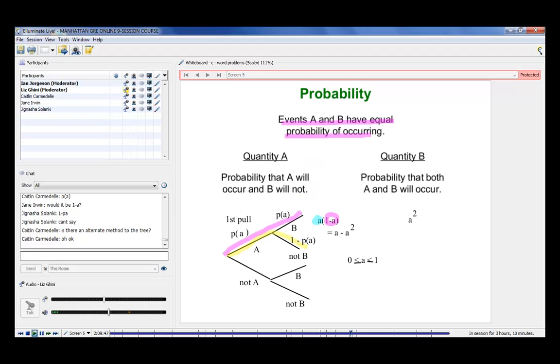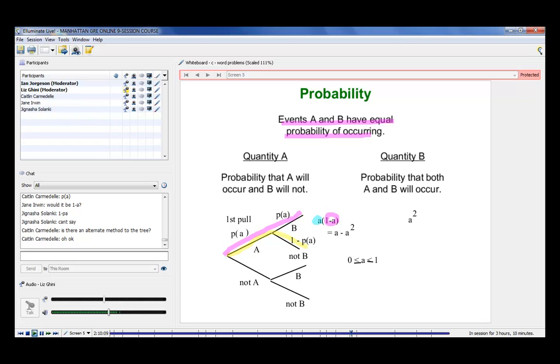All right, and for something like this, it can help you catch yourself as you think about it. But again, you could have just written this one out and then reasoned about this, trying different probabilities for A to figure out which was greater. Okay. What do you think of the tree?